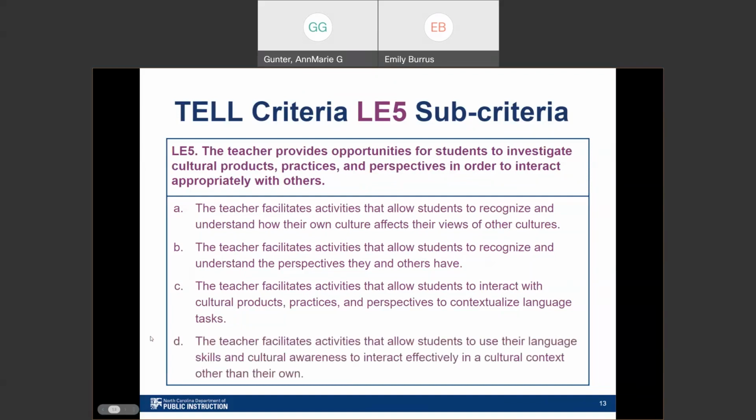And finally, D, the last one, the teacher facilitates activities to allow students to use their language skills and cultural awareness to interact effectively in a cultural context other than their own. One thing that we always have to remember about our state standards is that when we're implementing those and thinking about the language skills, what students know and can do with the language they're learning, is that they are always in the target language. You know, our standard, of course, is 90% or more in the target language when we're teaching, but the same is true for student interaction.